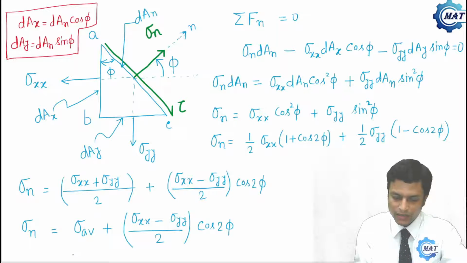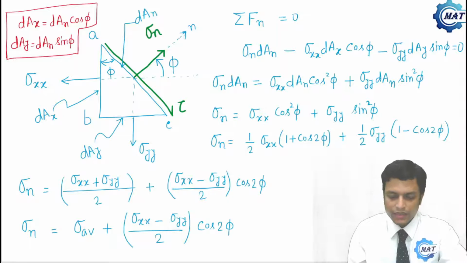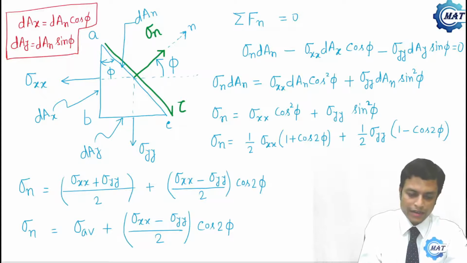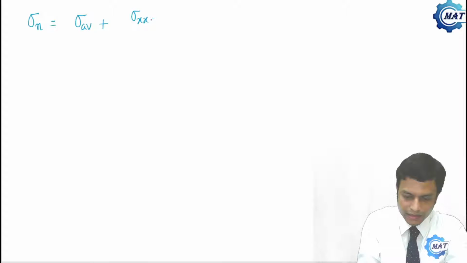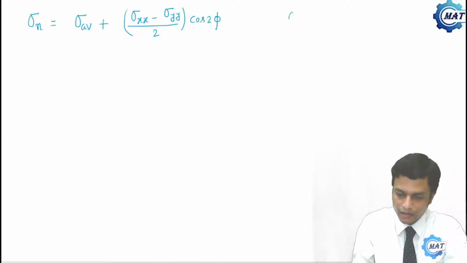What is the value of sigma average? Sigma average is sigma xx plus sigma yy by 2. Now let me write it down on the next page: sigma n is sigma average plus sigma xx minus sigma yy by 2 into cos 2 phi, where sigma average is sigma xx plus sigma yy by 2.